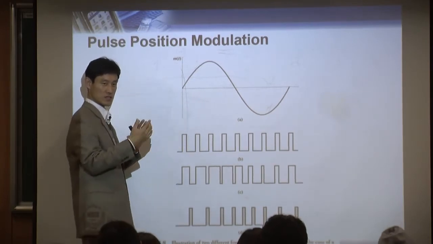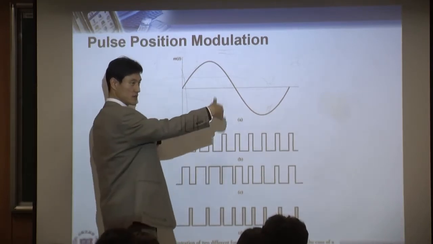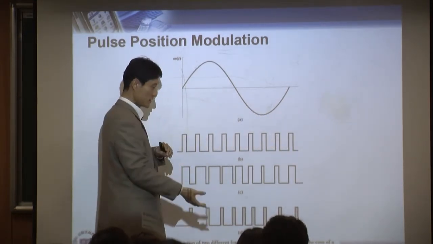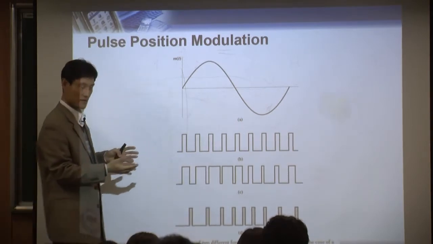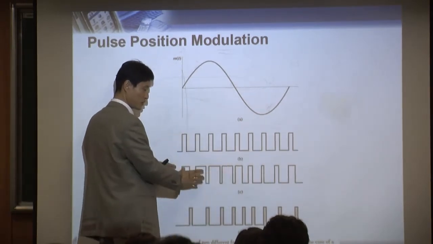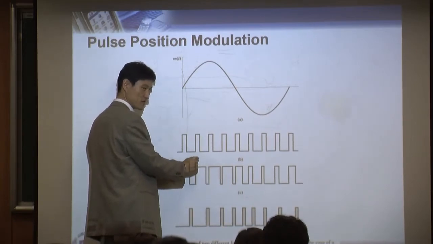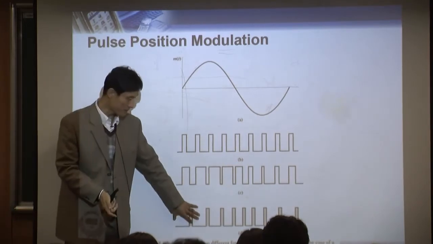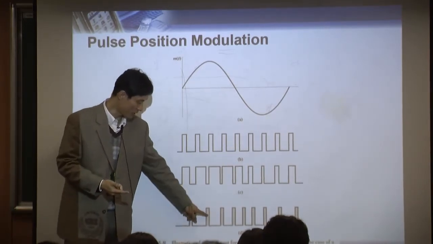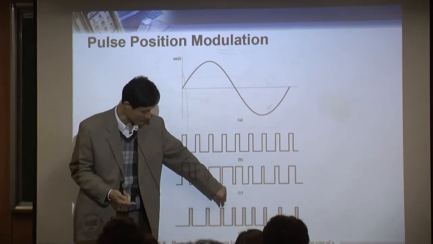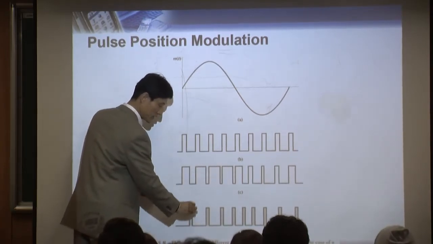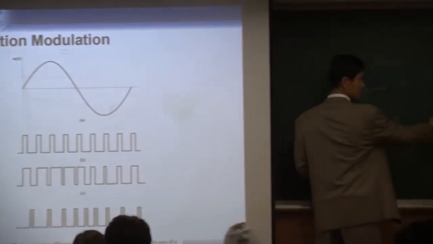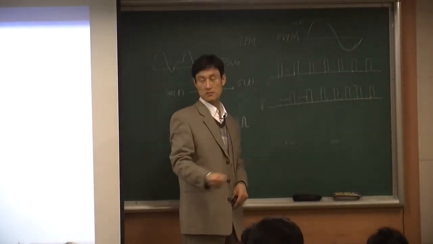Depending on your message, sometimes you have a low frequency, sometimes you have a high frequency. That's what happened in the FM, right? This one looks almost similar. Amplitude is always same. Depending on the message, sometimes the pulse becomes fat, sometimes narrow. That's PWM. And PPM is actually same pulse, same size of pulse every time, but it is located at different position. Sometimes with a large delay, sometimes a small delay, something like that. That's a pulse position modulation.